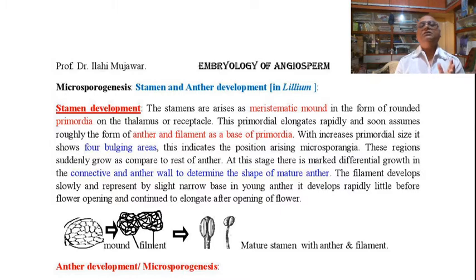on the receptacle. The primordial mound elongates in the next stage very rapidly, and soon assumes roughly the form of the anther and filament as a base of the primordia.